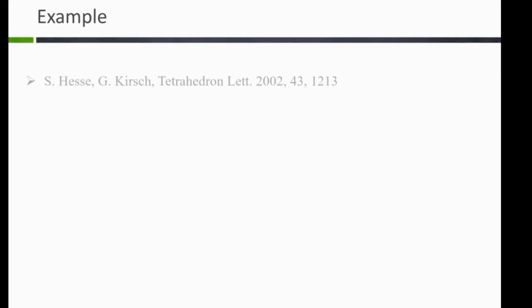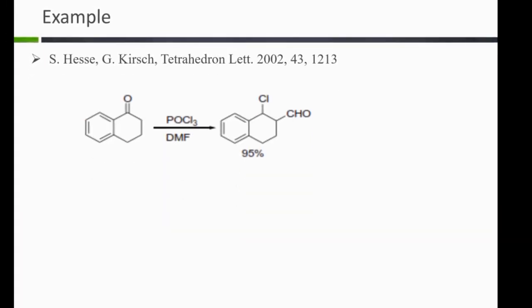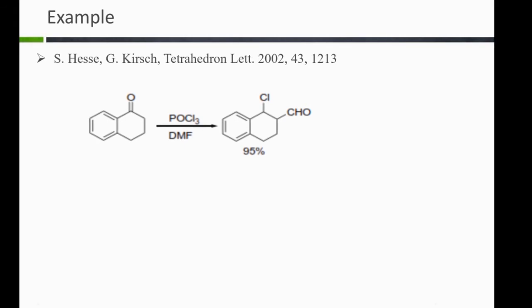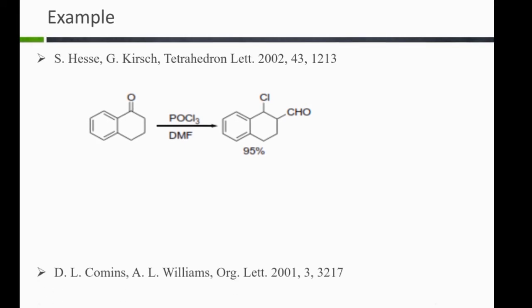So you can refer to the Clayden textbook, and it comes in the chapter on furan and thiophene and oxygen and sulfur analogues of pyrrole. So there is a chapter for pyrroles. In that, the Vilsmeier-Haack reaction is discussed only for pyrrole. So you have to refer to that part.